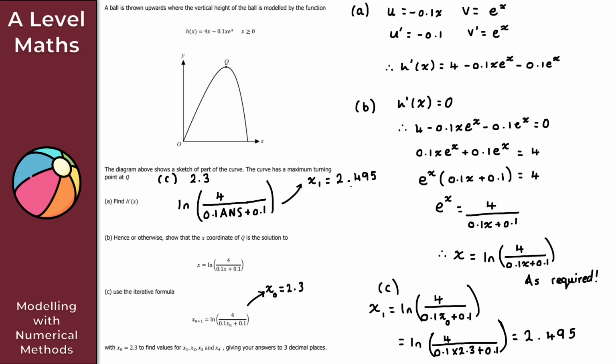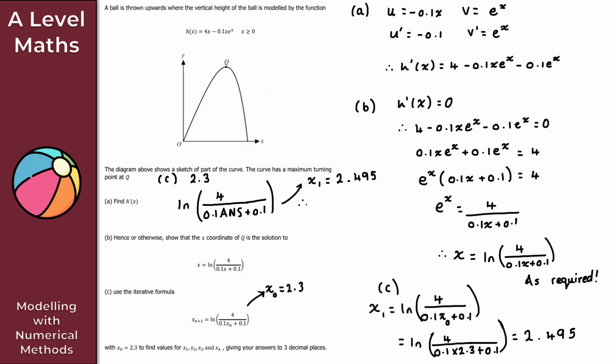The magic here is that if I now press enter or execute, whatever your input function is, it will now give me x2. What it's going to do is replace 2.3 here as my answer and replace it with 2.495. Or, well, it'll keep the full decimal equivalent, but it will use this value now to find x2.